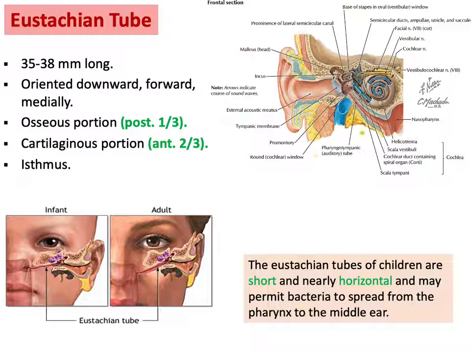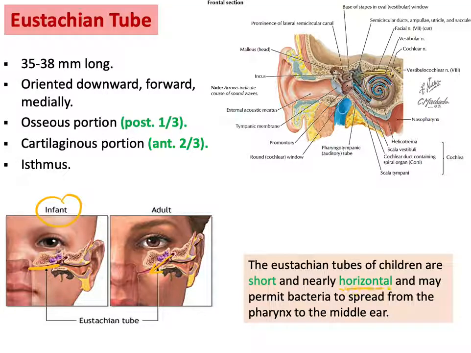What you need to know about this tube is that in adults it's about 40 millimeters in length, and the eustachian tube is directed, as you see here in adults, downward, forward, and medially, although in infants it's a little bit horizontal. What's the significance of that?